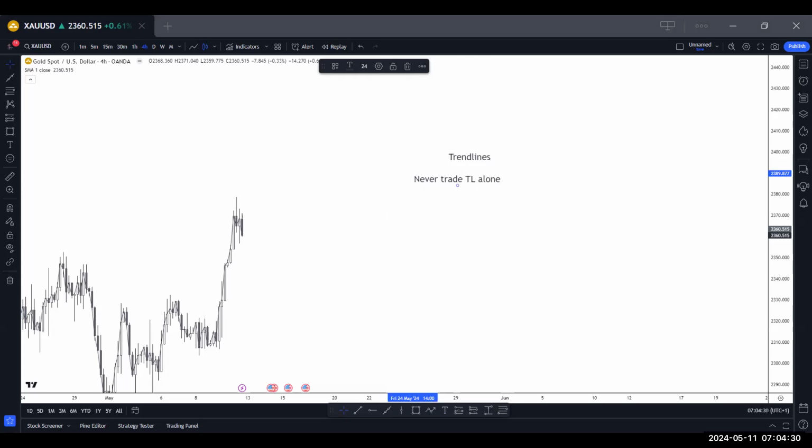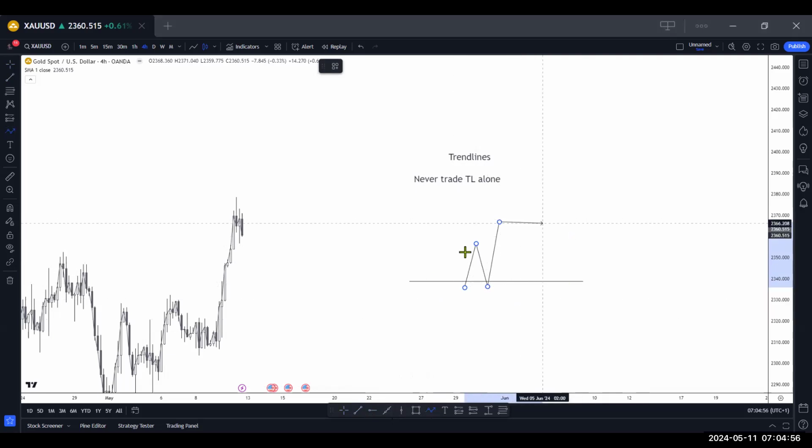All right. So trend line is like a second confluence, right? We already have our trade setup, we already have our SNR level. For example, we already have an SNR level, we already have our two-time breakout or our MSU or anything.